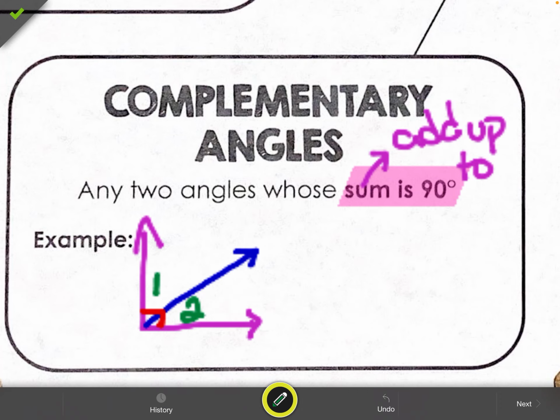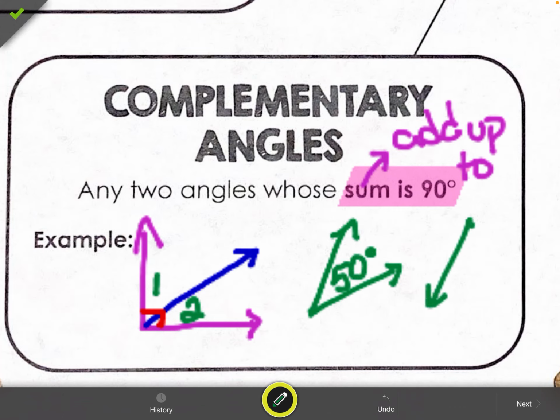So when you're working or looking to identify these, if 2 angles are put together and they give you a corner like this, then they are complementary. They can also be 2 separate angles, but again, we're not going to do a lot with the separate, meaning you might have this angle right here, and they may say, hey, this angle is 50 degrees. You may have another angle over here, and they may say this angle is 40 degrees.